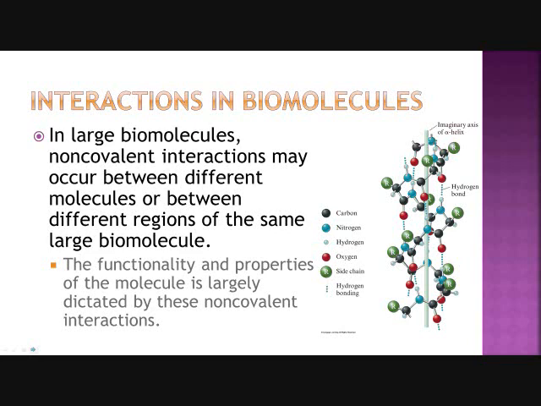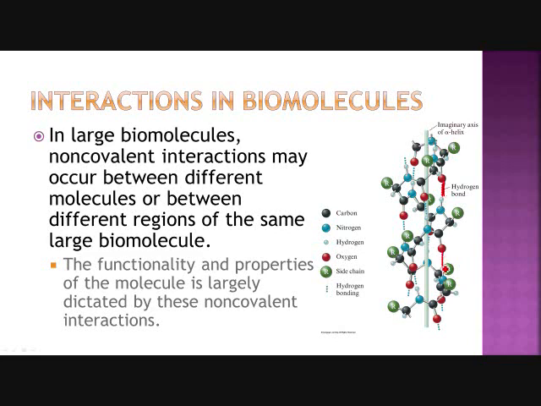So the functionality and properties of the molecule are largely dictated by these non-covalent interactions. This is an alpha helix picture, where the structure is wrapping around this pole, and that's why they have the pole in the center, so you can see that it wraps like a helix. But what's holding it in that helix shape is the hydrogen bonds between itself.